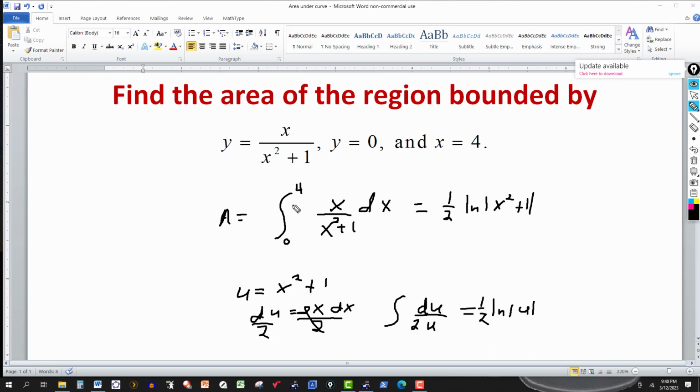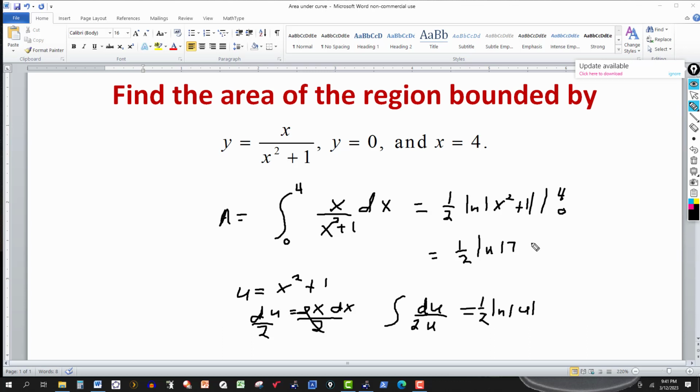And then over here we have limits of integration. So this will go from 0 to 4. This will be 1/2. Then we evaluate this thing at 4. We get the natural log of 16 plus 1, which is 17. And of course the absolute value of 17 is 17, so I can get rid of the absolute value.